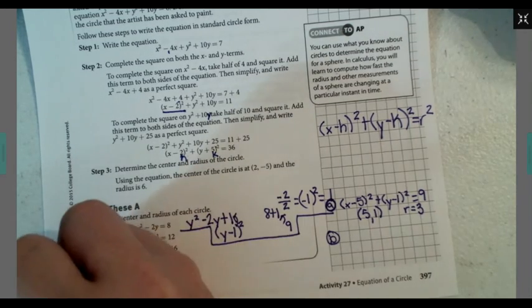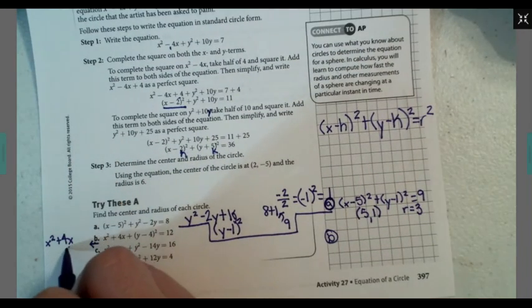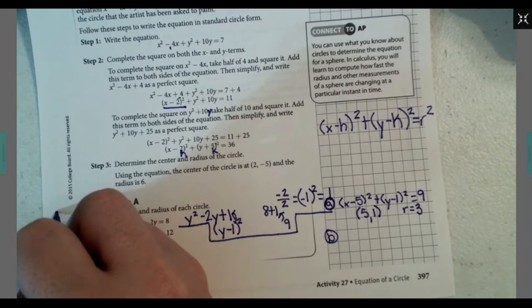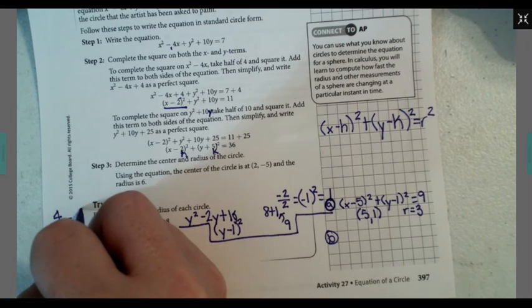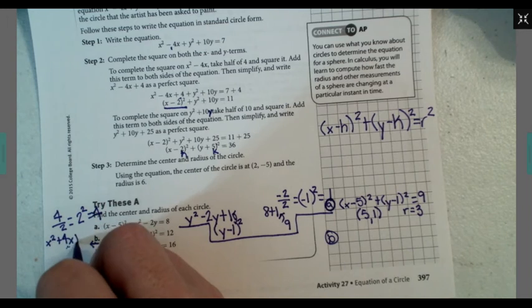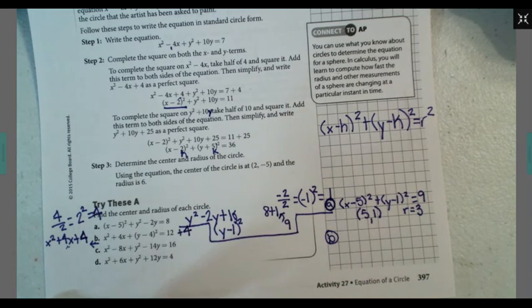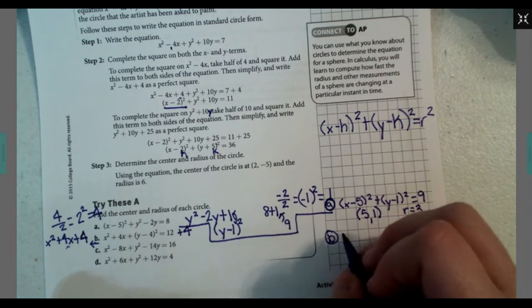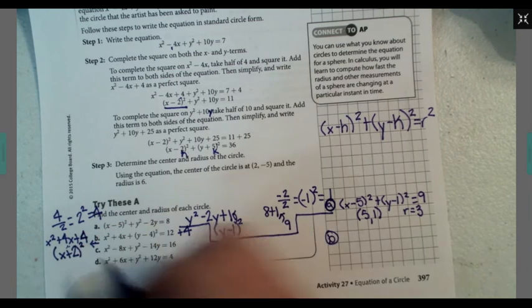x squared plus 4x. So remember, we're going to take our term in front of our x, so 4. We're going to divide by 2. That's 2. We're going to square it, which is 4. So this would be plus 4. But recall, whatever you do to one side, you must also do to the other. So we would add the 4 on the other side as well. Well, this would be written as x plus 2 to the second power.